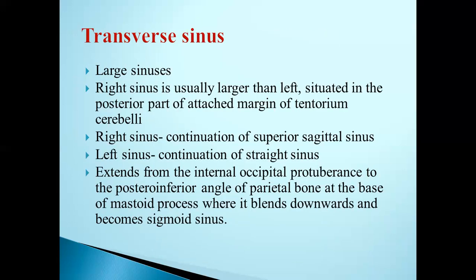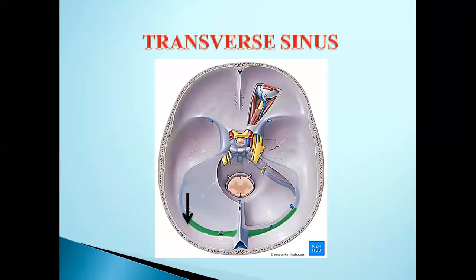So right sinus you see it is a continuation of superior sagittal sinus, and left sinus is a continuation of straight sinus. It extends from the internal occipital protuberance to the posterior inferior angle of parietal bone. So from internal occipital protuberance, it will run transversely, as the name transverse.